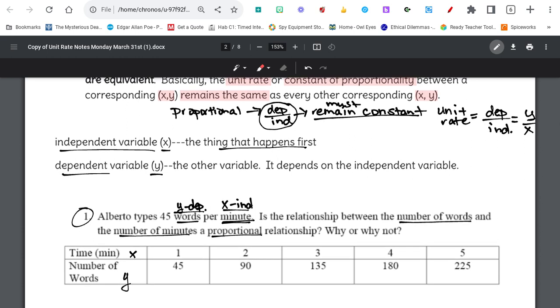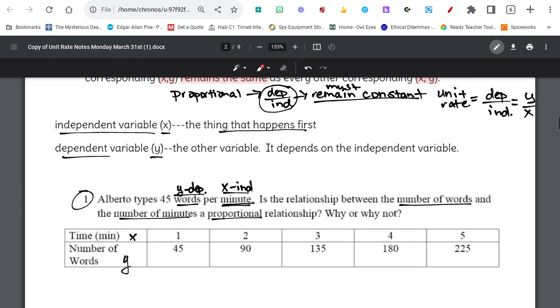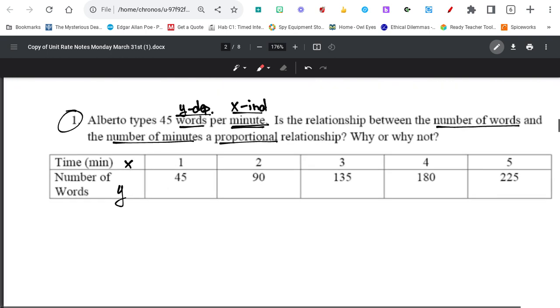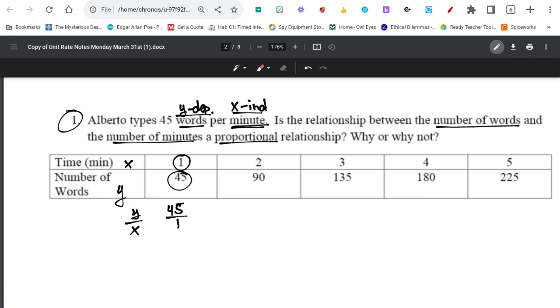All right, so what we're going to do is take each y and divide it by each x. So the first y in this table is 45. I'm going to divide it by its corresponding x, which is 1. And 45 divided by 1 is 45. Now 45 refers to words, and 1 refers to minutes. So basically, it's 45 words per minute. Now, if this table is proportional, I will continue to get 45 words per minute.